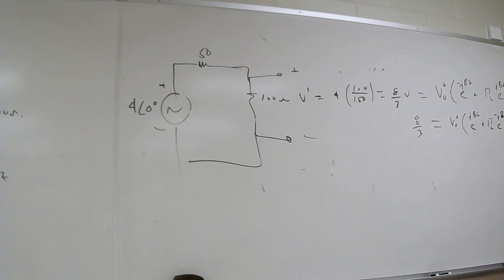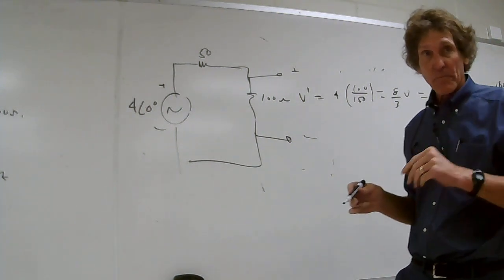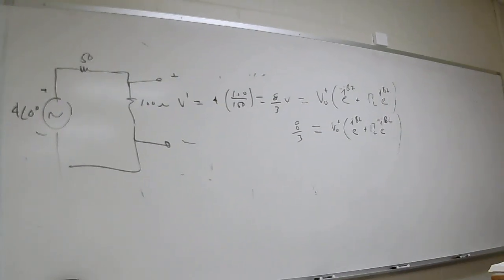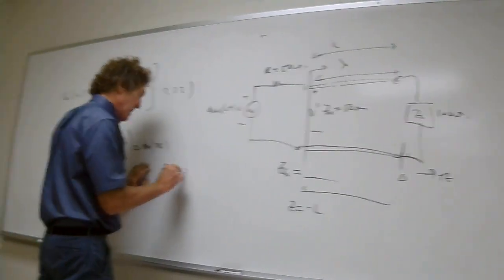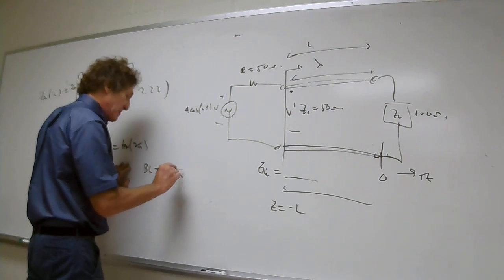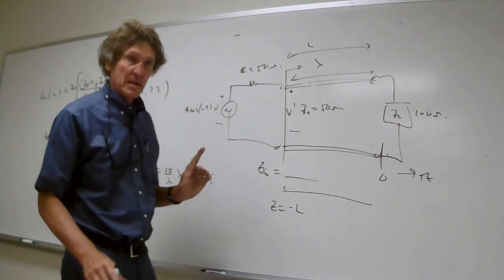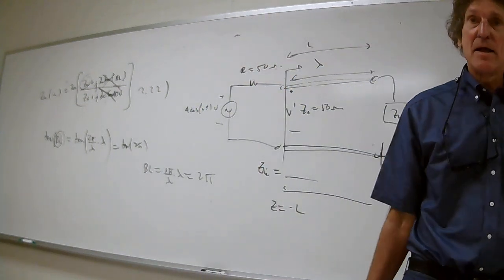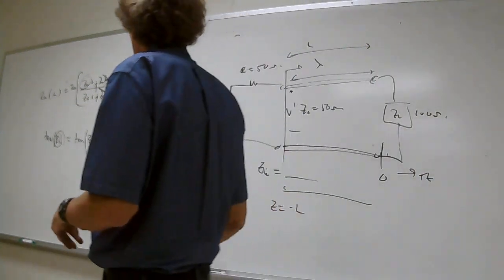So now when I look at that, what did I tell you about beta L? Well, that transmission line is exactly lambda long, so beta L is 2 pi over lambda times lambda, or 2 pi. Now think about that. What is e to the 2 pi? Let me show you what I'm talking about.